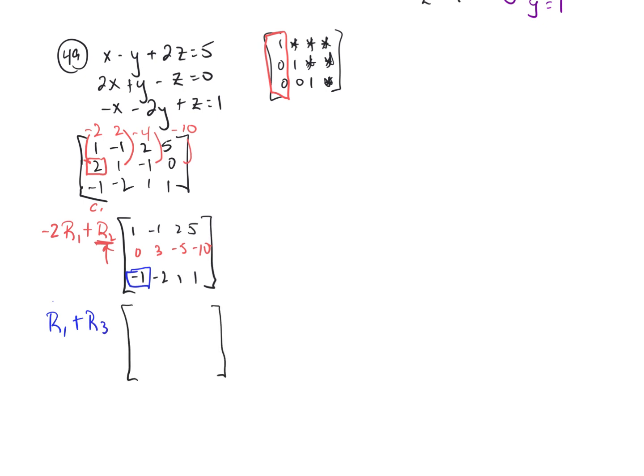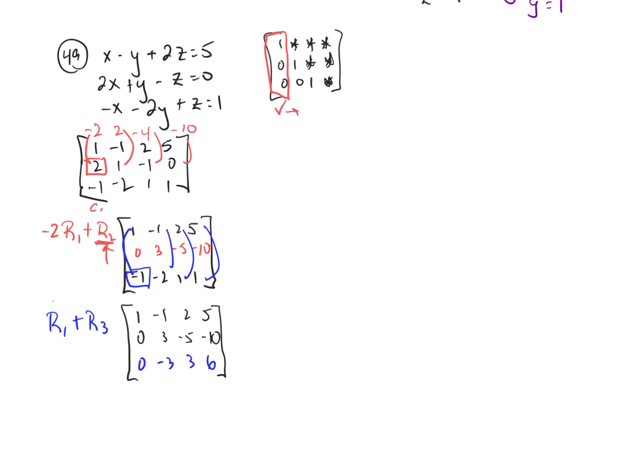Now, row 1 doesn't change. 1, -1, 2, 5. Row 2 doesn't change. 3, -5, -10. And row 3, I'm going to add row 1 and row 3. So 0, -3, 3, 6. All right, column 1 is done.